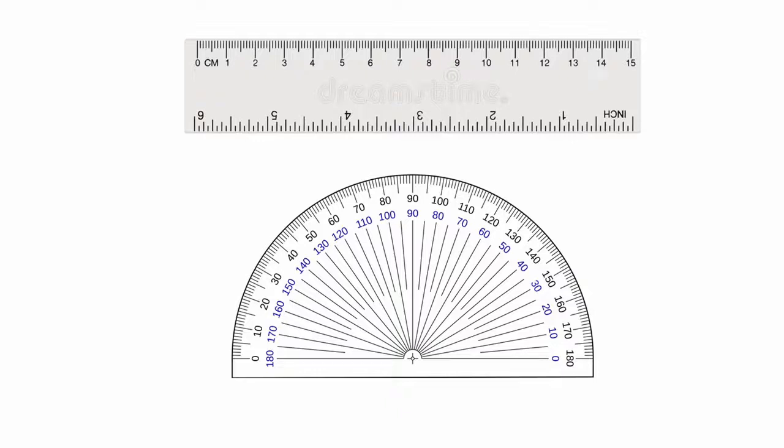And the protractor, as you can see, we have a series of numbers there from right to left, or shall we say counterclockwise: the blue color there, 0 to 180 degrees, and the black color there, 0 to 180 degrees.